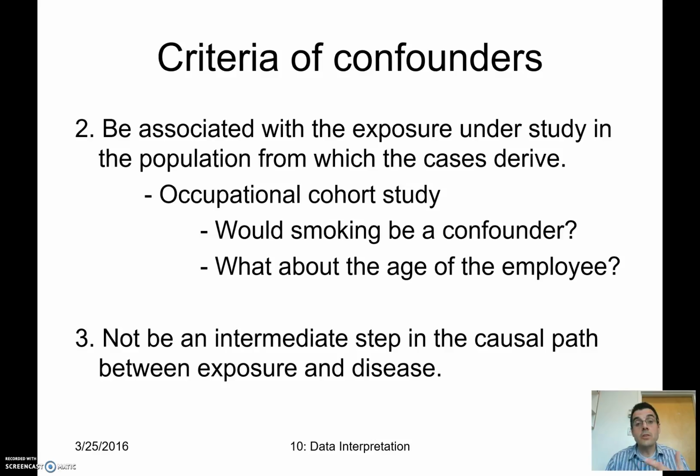So the way that you could look at this is, for example, an occupational cohort study where you have the potential for breathing in asbestos. If you're looking at asbestosis, would smoking be considered a confounder?